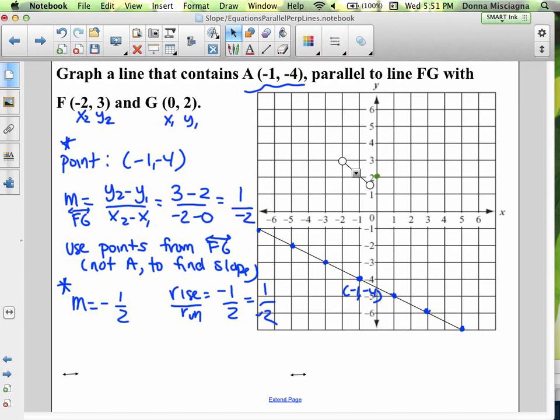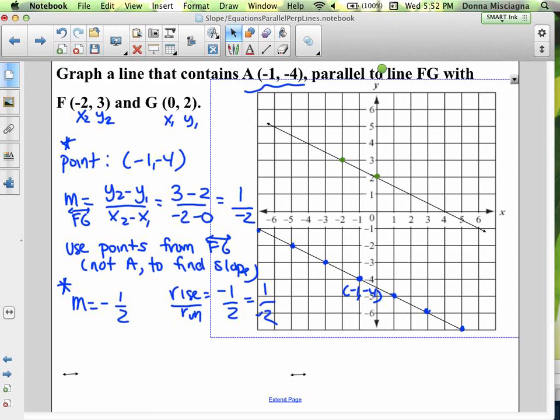We have to get the dots first. I didn't graph any more points, but I can make sure it goes through by making sure I go up 1 and to the right 2, or up 1 and left 2, or down 1 and to the right.